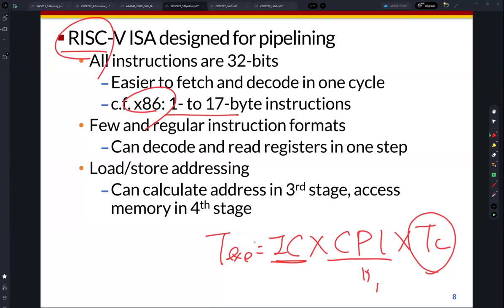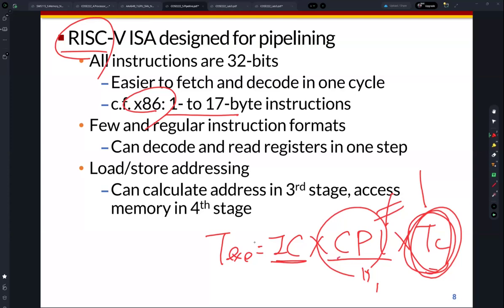But in the pipeline architecture, CPI is not 1. So this is the disadvantage of the pipeline architecture. Usually, because TC is reduced, we can improve the performance.